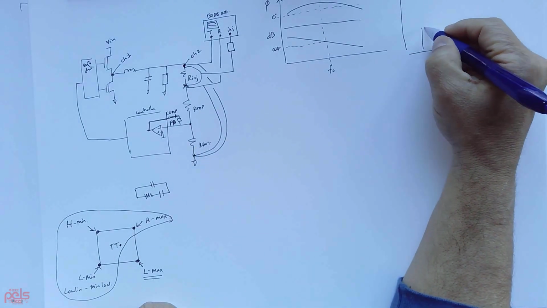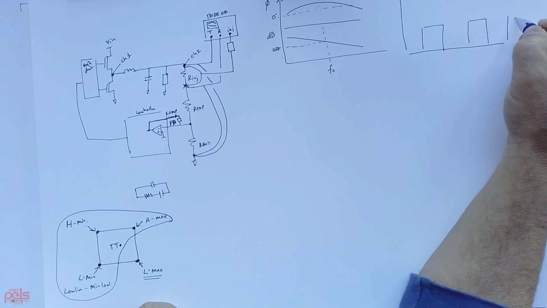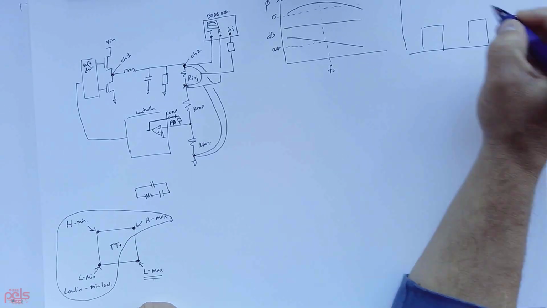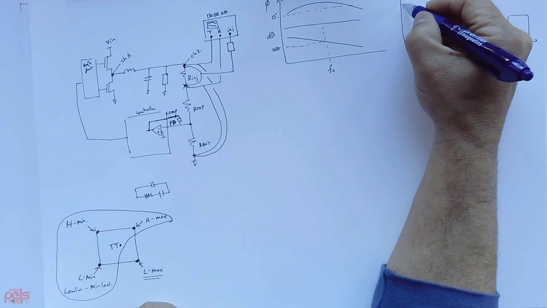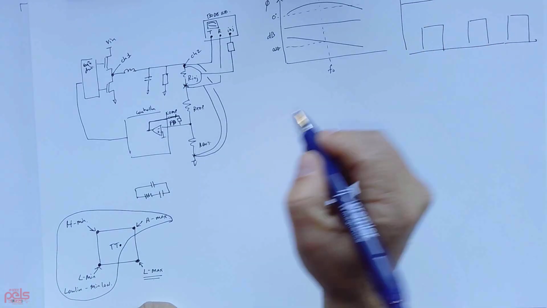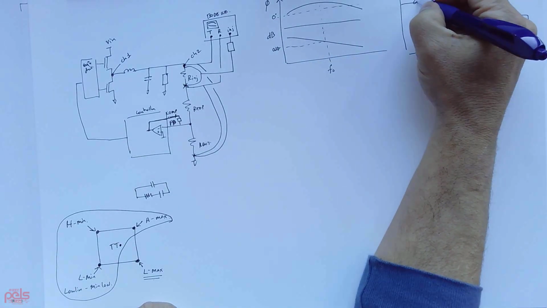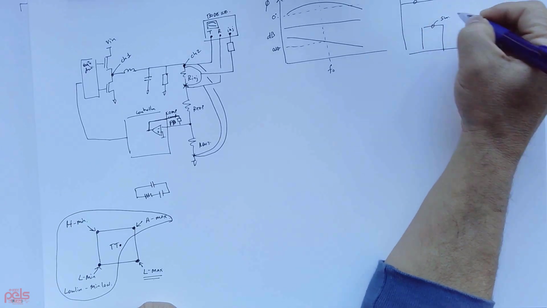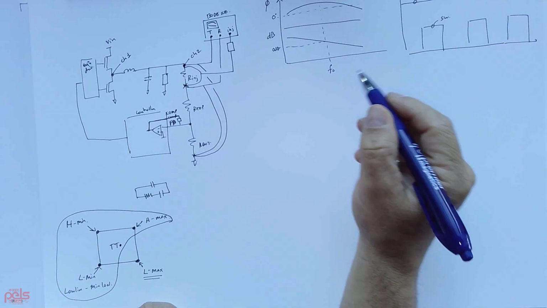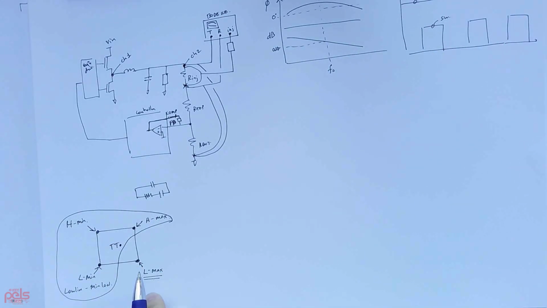I'm monitoring the switching node, making sure that it looks healthy, and I'm also monitoring the output voltage. So this is the output, and then this is of course the switch node. I was getting this for these 5 corners.